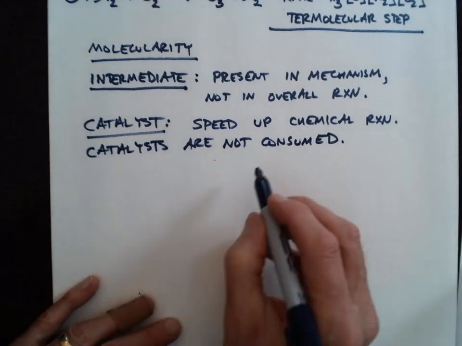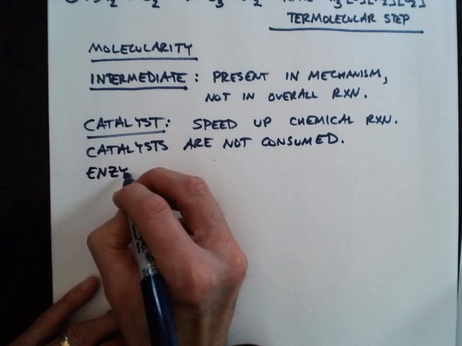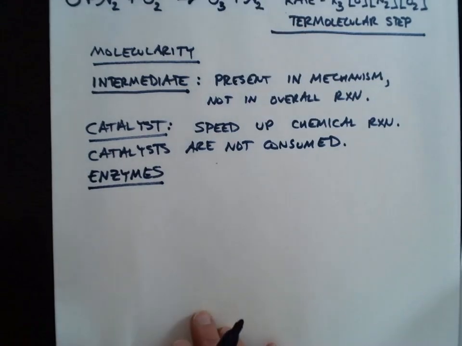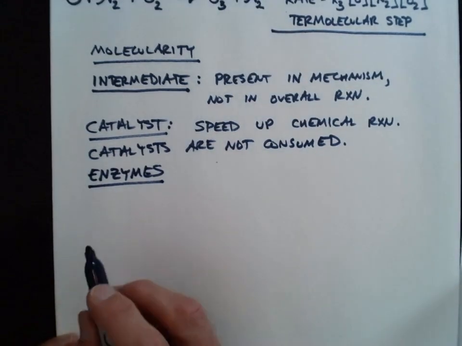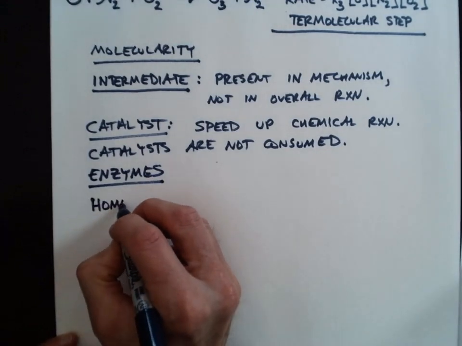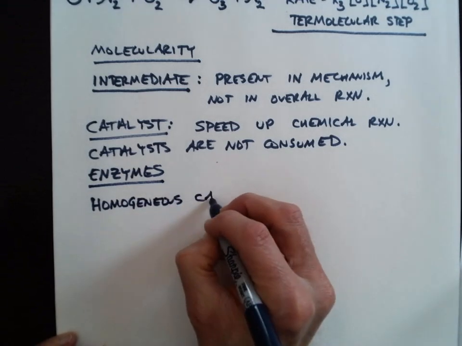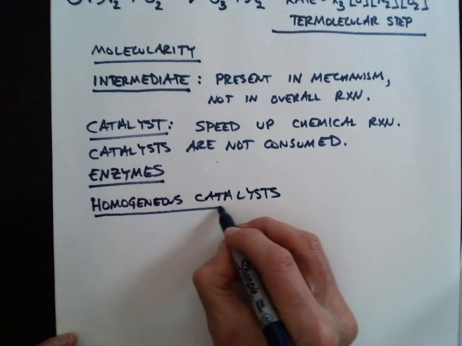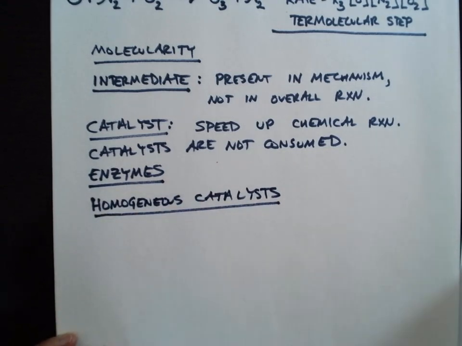In biological systems, catalysts are called enzymes. And catalysts can be in the same phase as the reaction, so we call these homogeneous catalysts. These would be catalysts that are in the same phase, dissolved, aqueous.